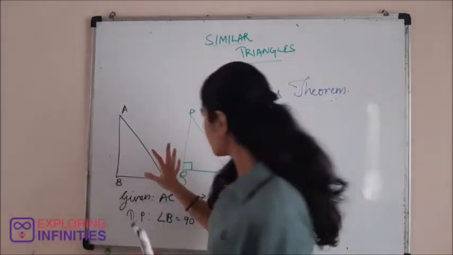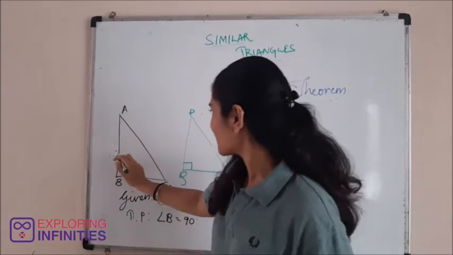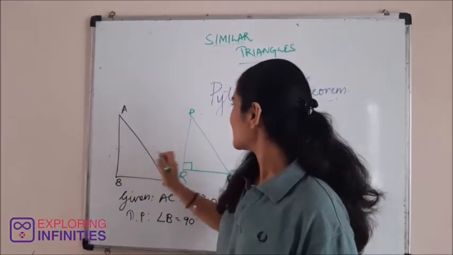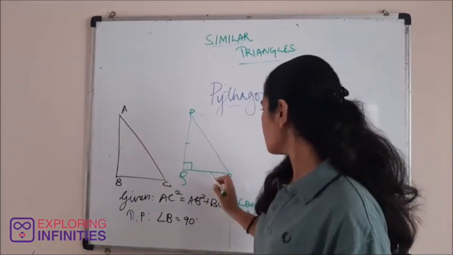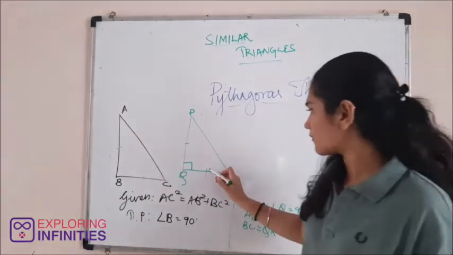So here we have two triangles. I know they don't look the same, but we'll make do with whatever drawing skills I have. So we have PQ equal to AB, and QR equal to BC. We have constructed it in that way.